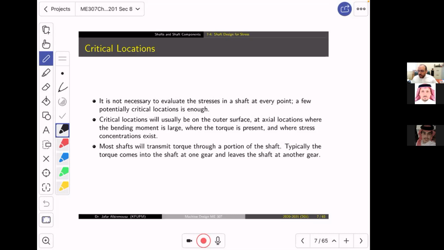You don't need to do everything. What we usually do is depend on our understanding. For example, the locations where moments are high are going to be dangerous, where torque is high, and the locations where we have stress risers, like keys or holes and so on. You understand?